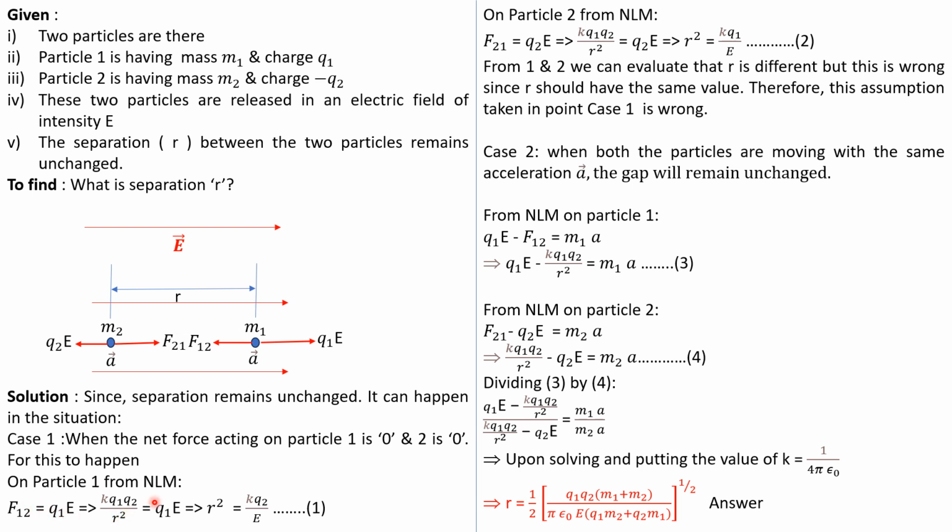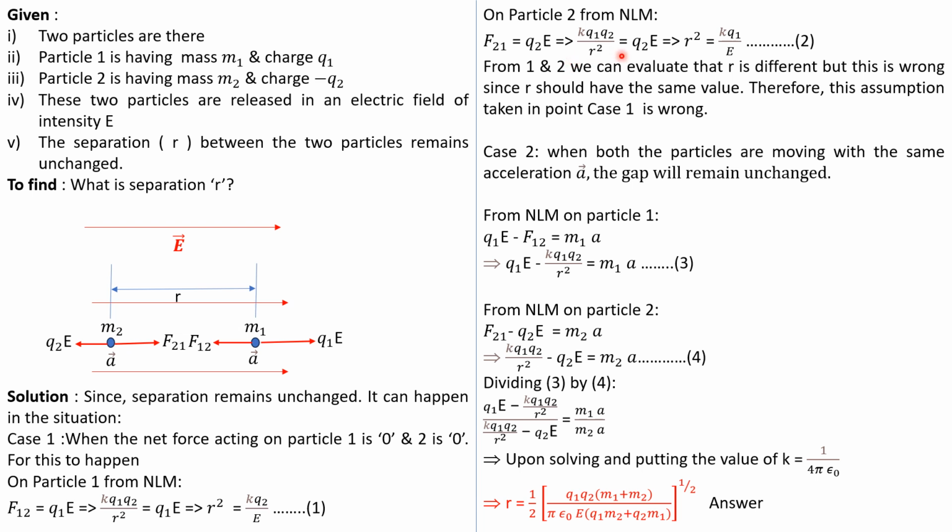F12 we can write from Coulomb's law, K into q1 into q2 divided by R square. So R square finally will be K into q2 divided by the magnitude of the E field. This is equation 1. Similarly, from Newton's law of motion, we write the equation for particle 2. For the net force to be 0, F21 should be equal to q2E.